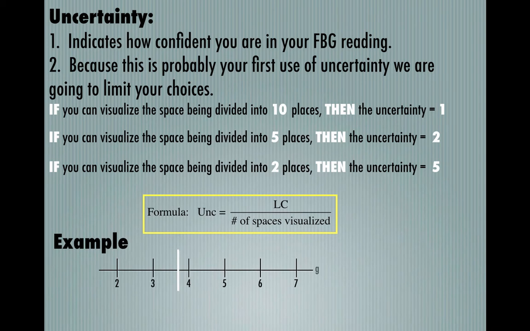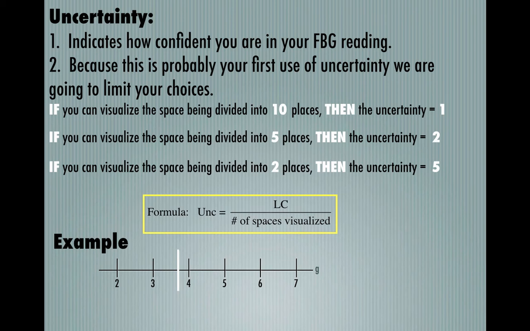So we have the scale, which is, I think, the same as the one we saw before. But anyway, the least count is what? Right, 1 gram. And how many spaces do you think you can visualize between the 3 and the 4? Now, those tick marks are pretty far apart, so I'm going to say I can visualize 10 spaces.